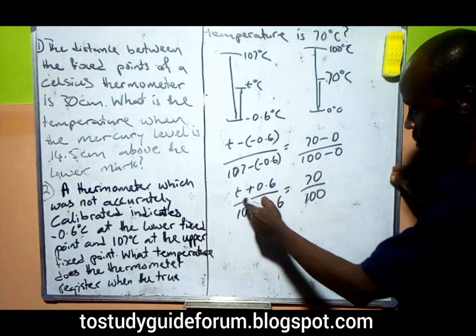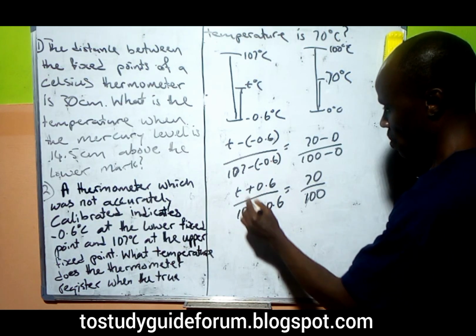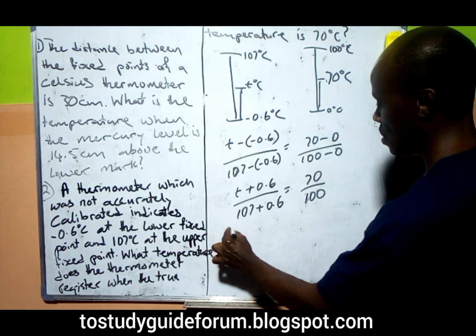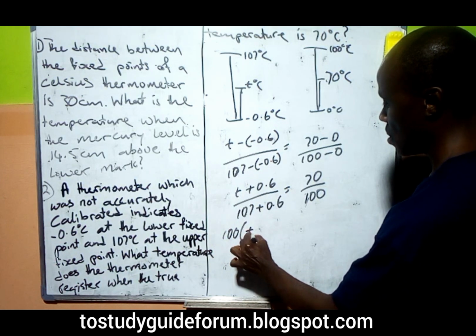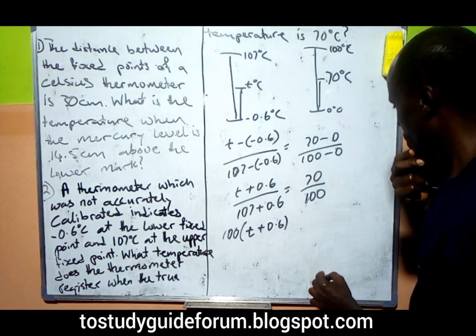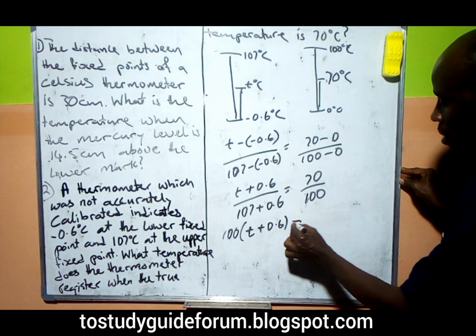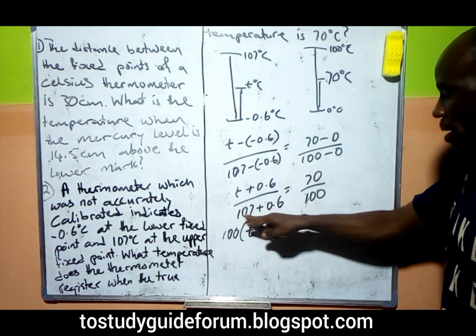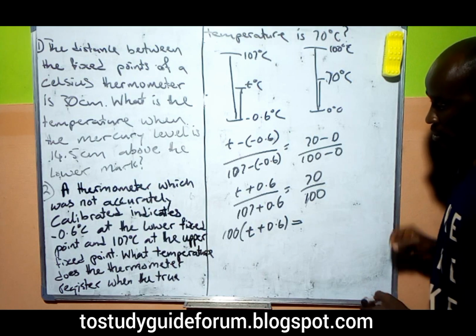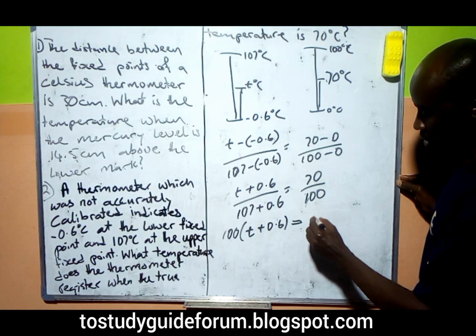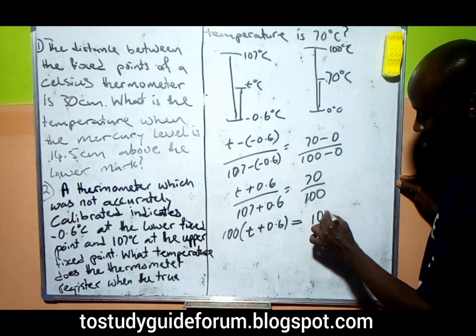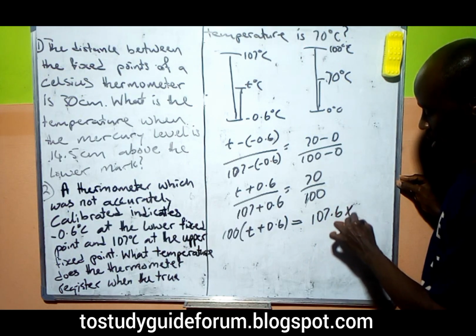So this one, we will add it up. Crossing over, we have T plus 0.6 all over 107 plus 0.6, which will give us this number times 70.